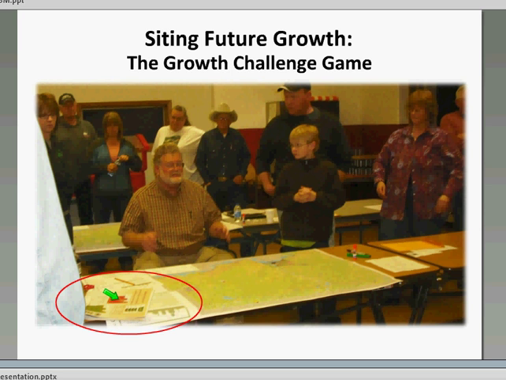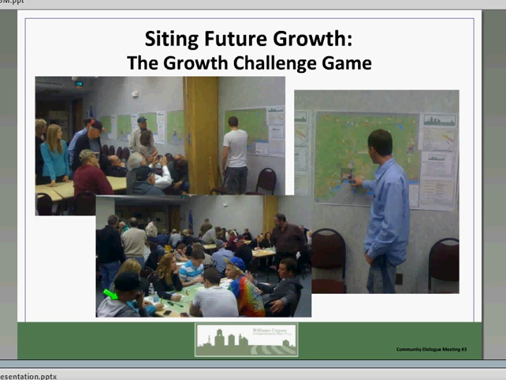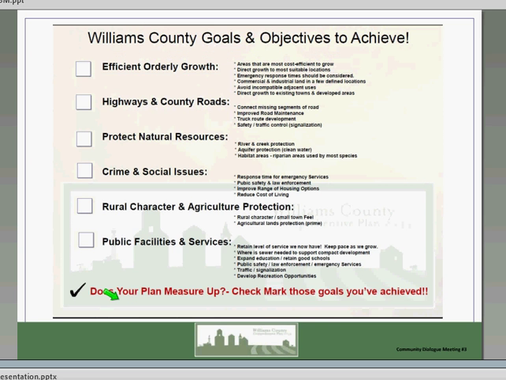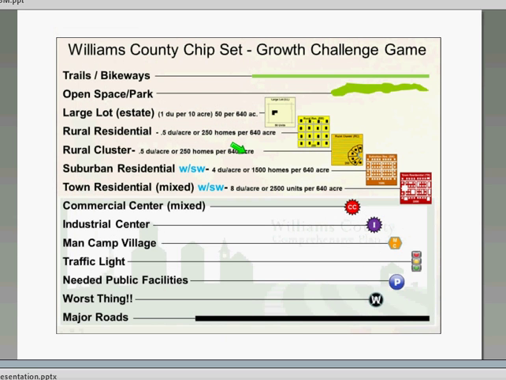So citizens were aware of that, and it informed where they chose to grow in the future. Okay, citizens presenting their work. Likewise, when they finished the game, they were asked to self-evaluate. If you look over here, it's literally a recipe for how to win the game. If you place your future development in ways that conform to these goals and objectives, you're going to perform quite well. We asked them to self-evaluate that process.